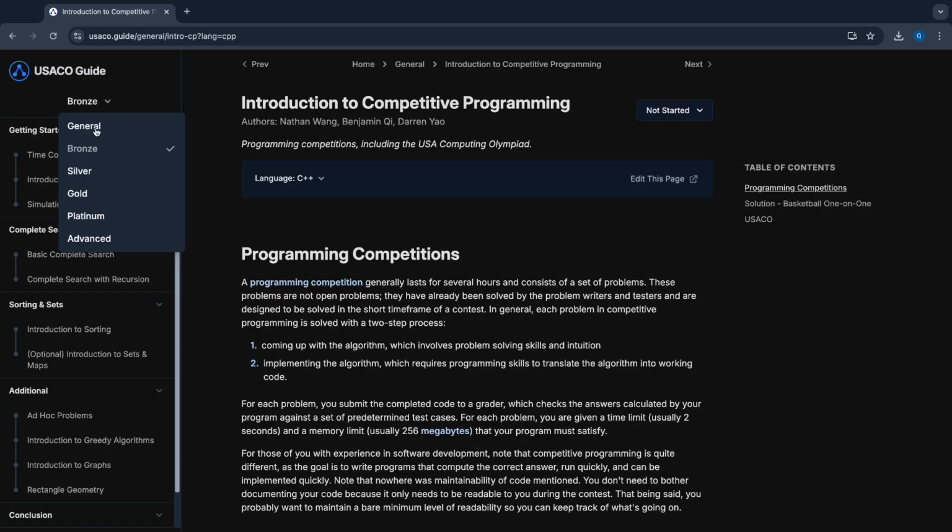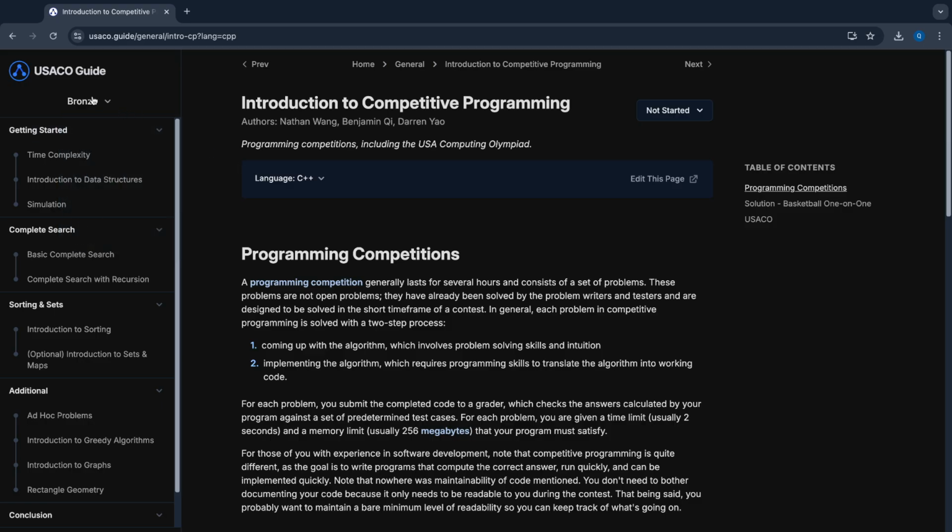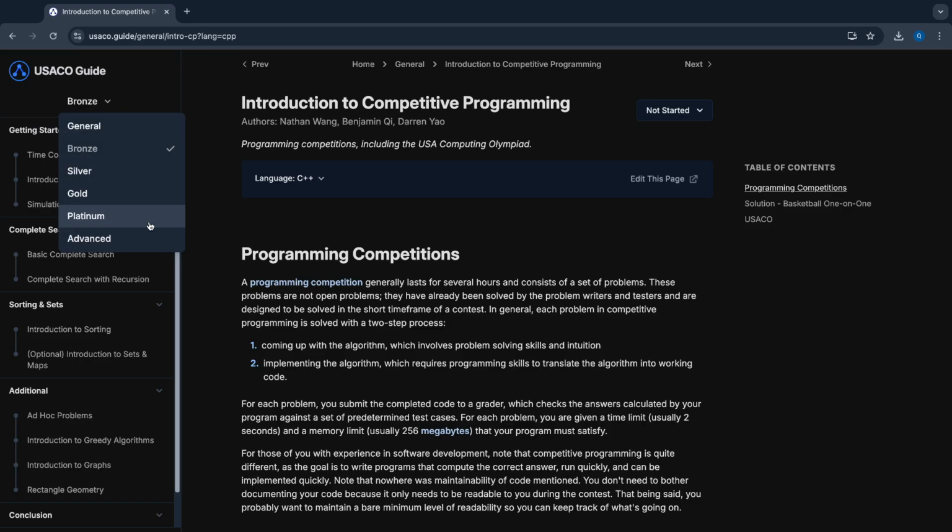I don't know. So this is a guidance book where topics are categorized in order from easy to hard, as you can see here.